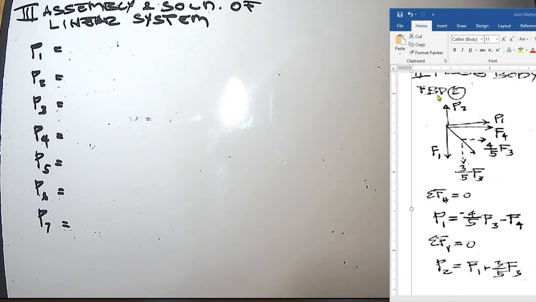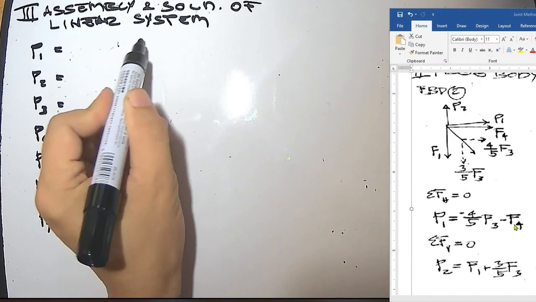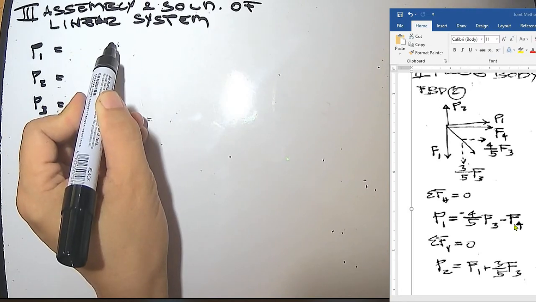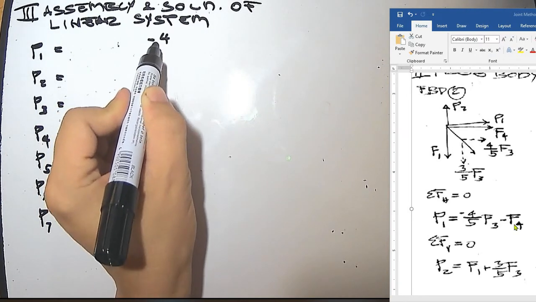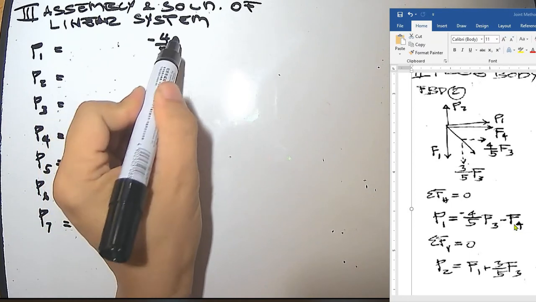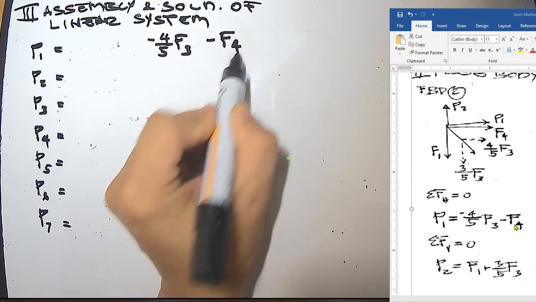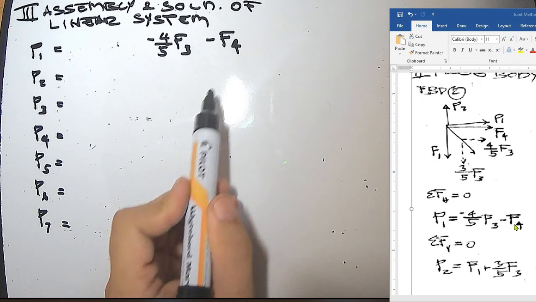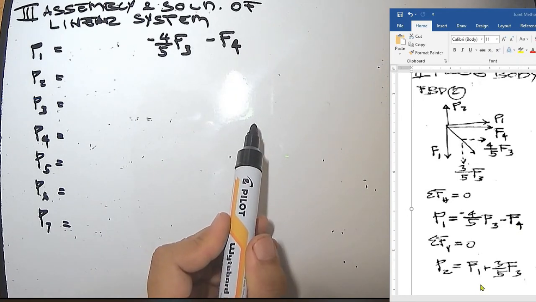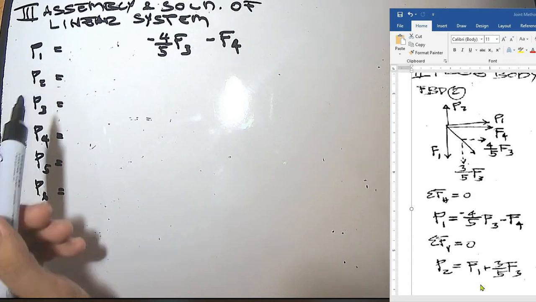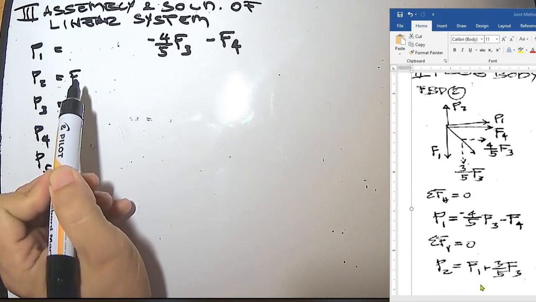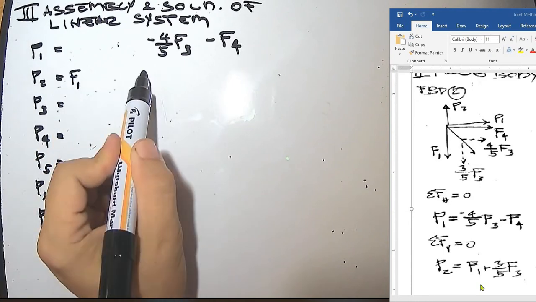So from free body of joint 2, P1 is equal to negative 4/5 of F3 minus F4. Next, we have P2. Okay? P2 is equal to F1 plus 3/5 of F3.